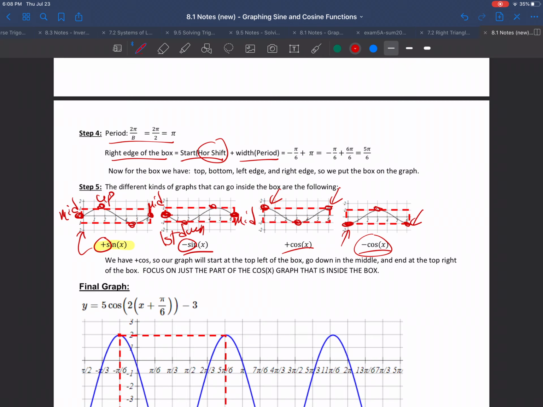Do you see that? So that's really important that you know that difference. You got to fit the right graph in the box. Again, sine starts and ends in the middle of the box, whereas cosine starts and ends in the top or bottom of the box, right?